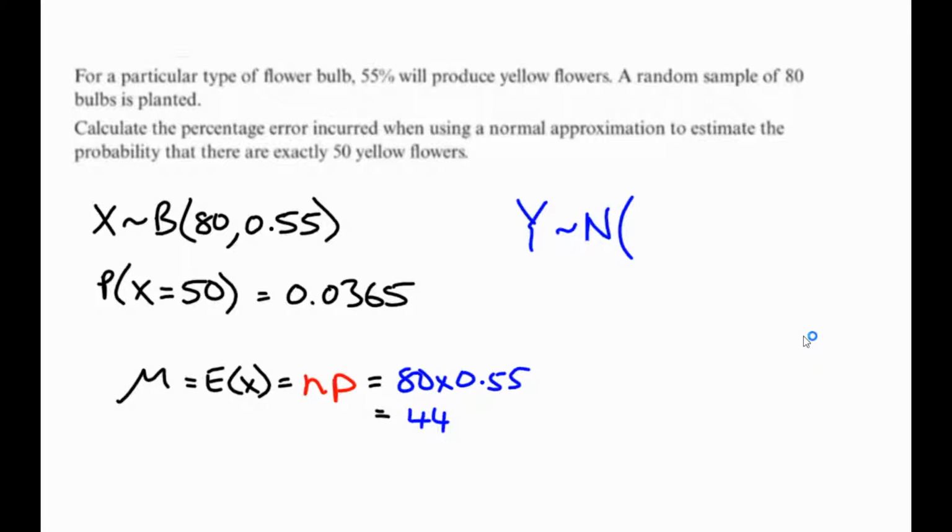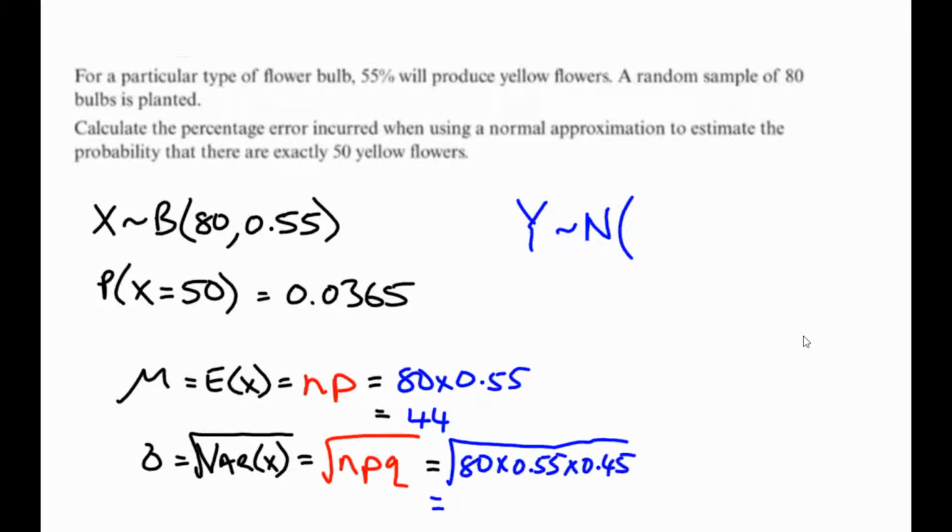And we're also going to need to find our standard deviation. That gives us the square root of 19.8 to 3 significant figures. So I've got my standard deviation and I've got my mean. Let's state this distribution. So Y follows a normal with a mean of 44 and variance 19.8.